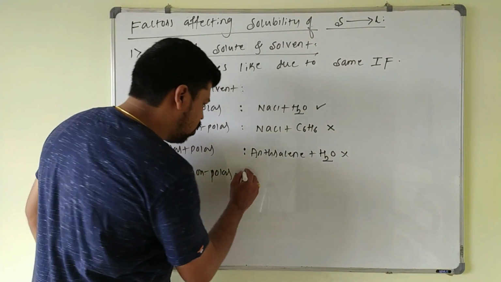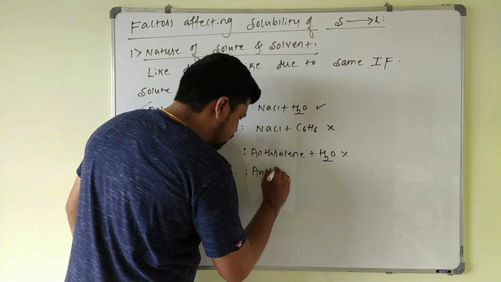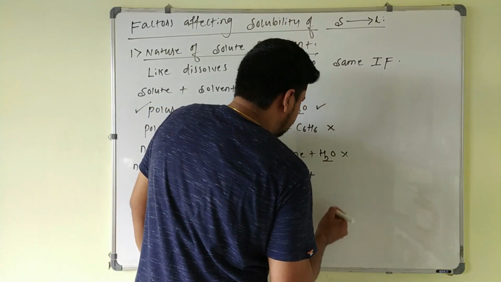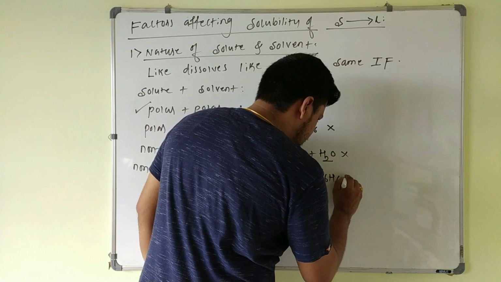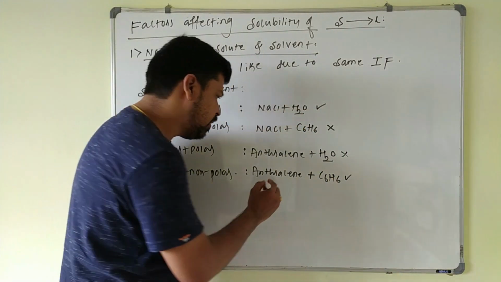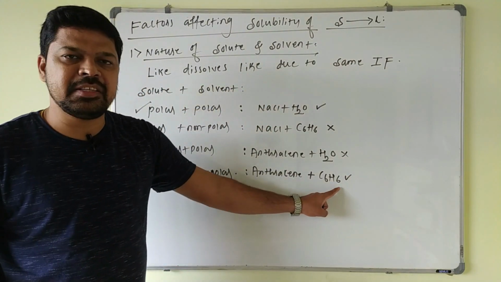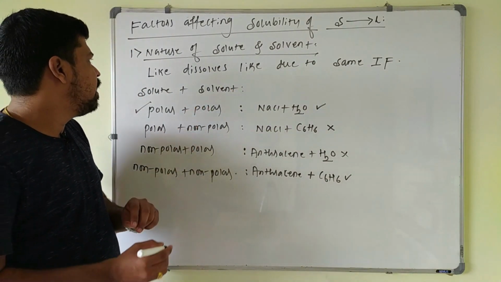Next non-polar and non-polar: the same anthracene is added to the benzene C6H6. Since these two are non-polar in nature, anthracene will be soluble in the benzene because the same type of interaction is present between these two. So this is very, very important, you have to remember.